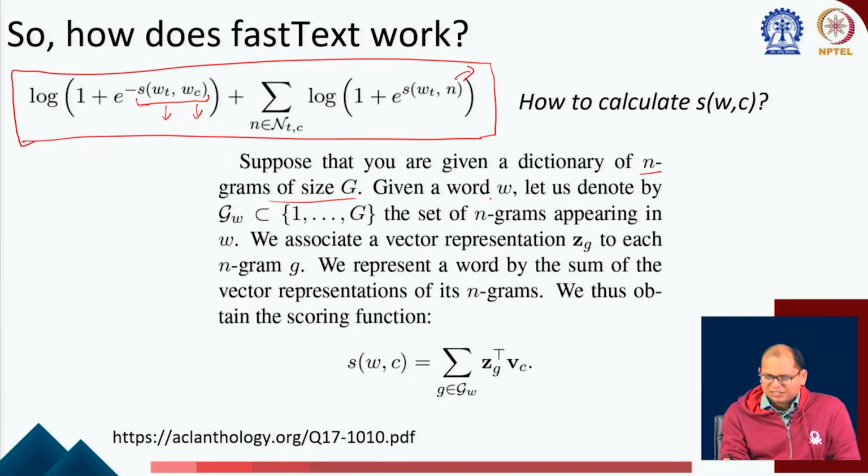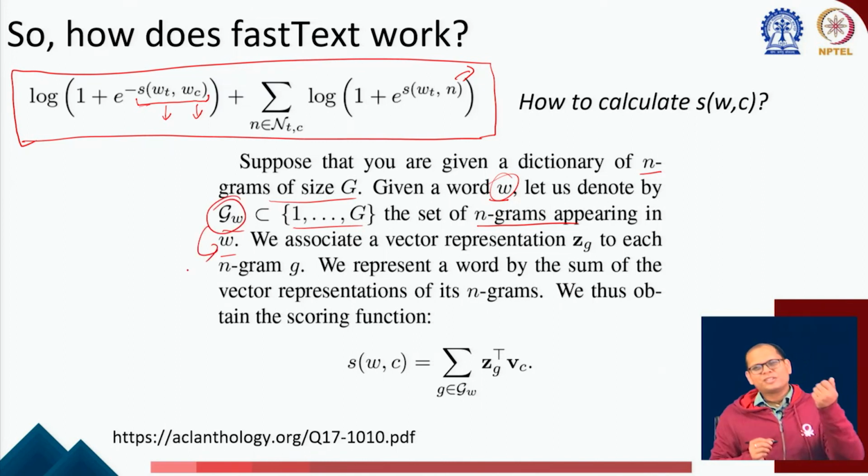Given a word W, let us denote by GW the subset of this entire set of n-grams: all the 3 to 6-grams of word W. So GW is all the n-grams of W, the ones that we saw for eating. Now we will have a vector representation for each of these n-grams.